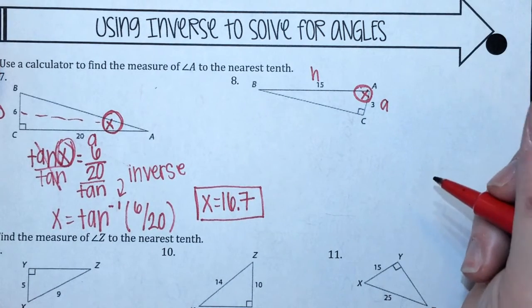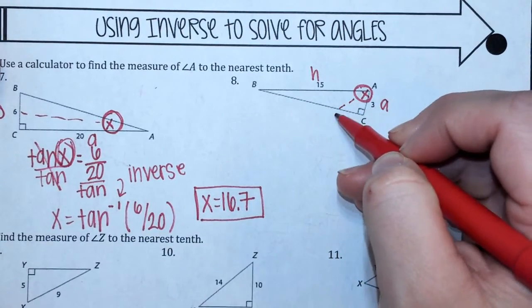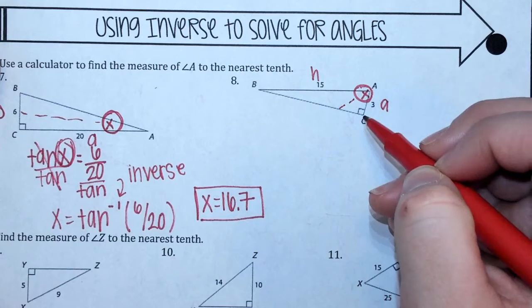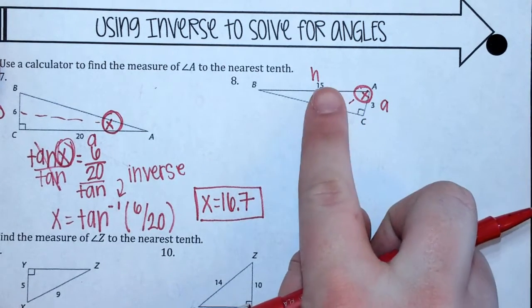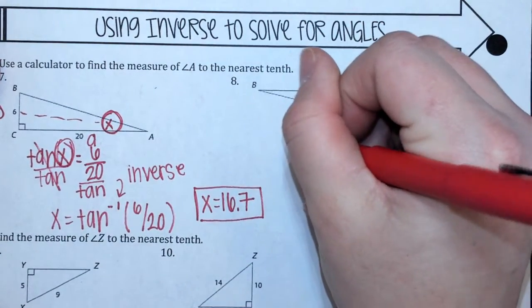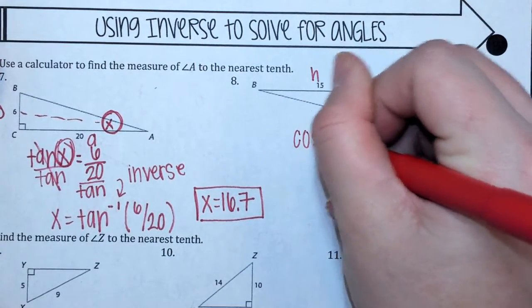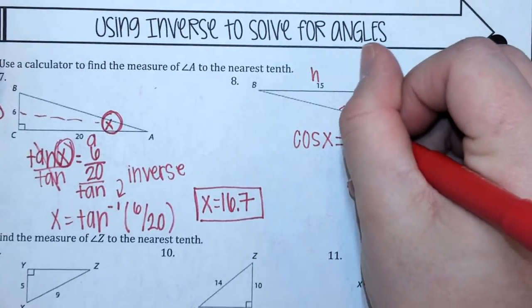It wouldn't be O because your O is going to be whatever's right here, and there's nothing there. So yes, we have to use cosine because we have CAH, A over H. So it would look like this. Cosine of X equals what divided by what? Good.